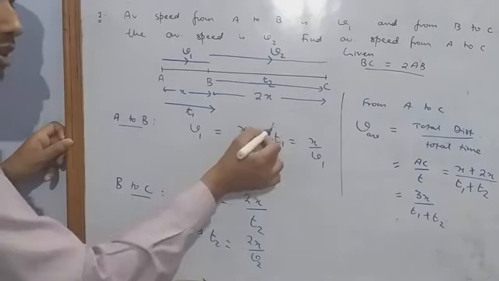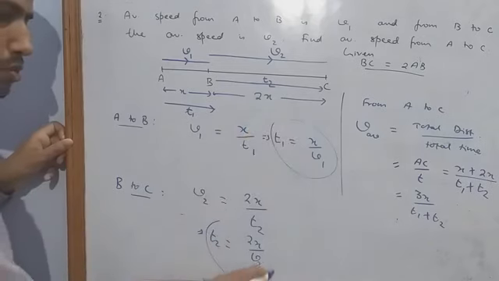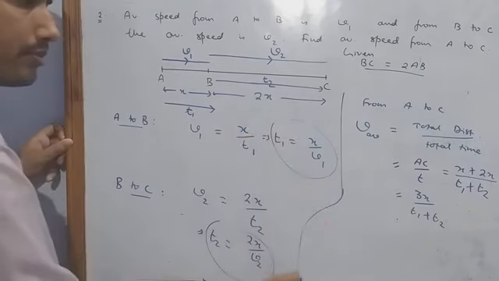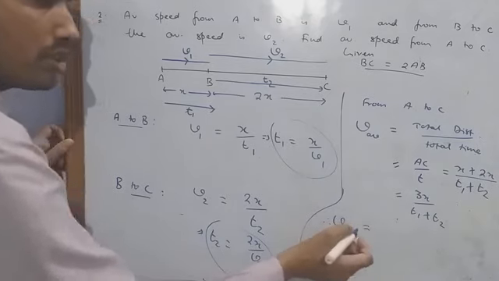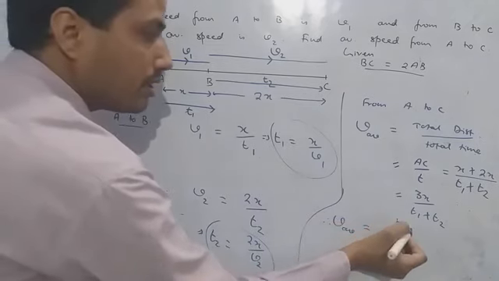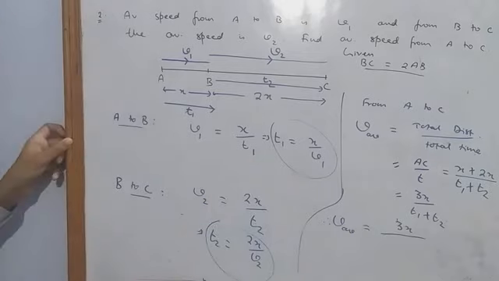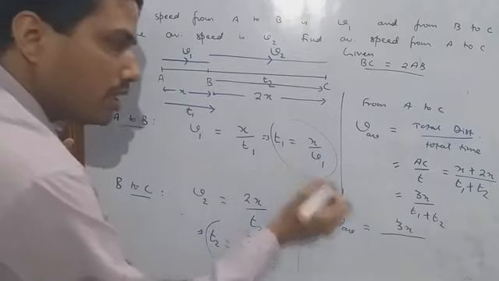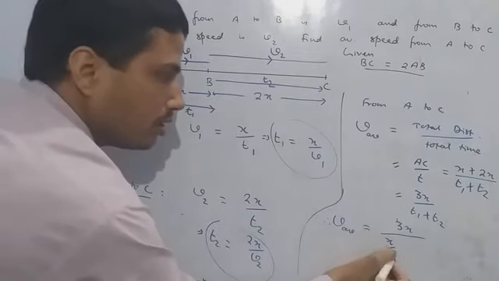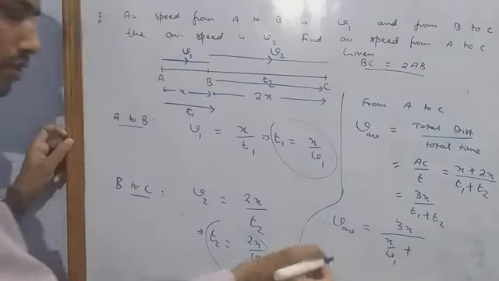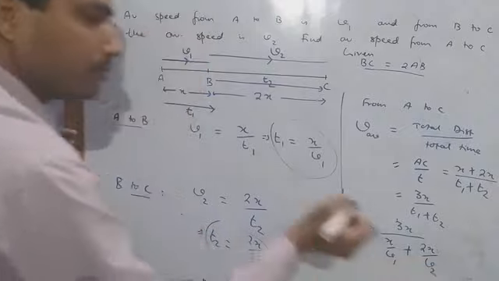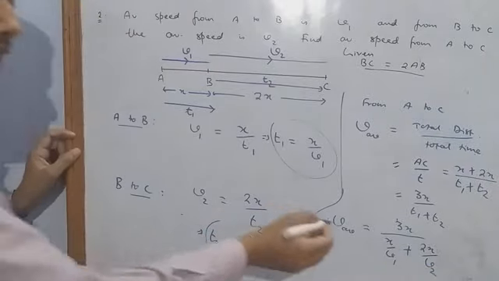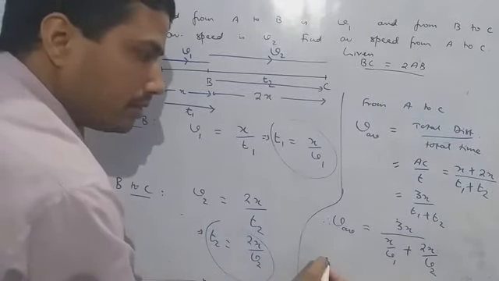Put the values of T1 and T2 in this equation. So average velocity will become how much, students? 3x divided by T1. Instead of T1, how much we should write? x upon V1. And instead of T2, we should write 2x upon V2. x I can take common.